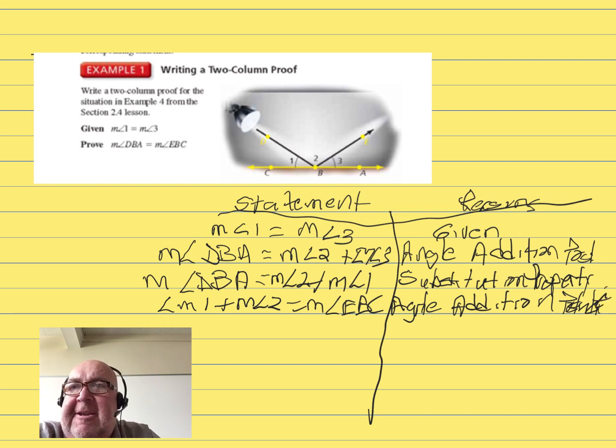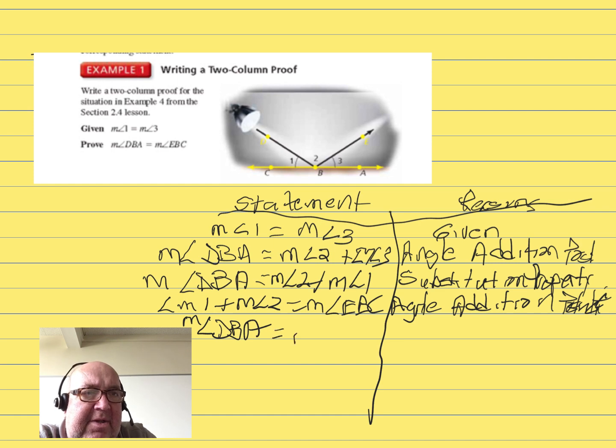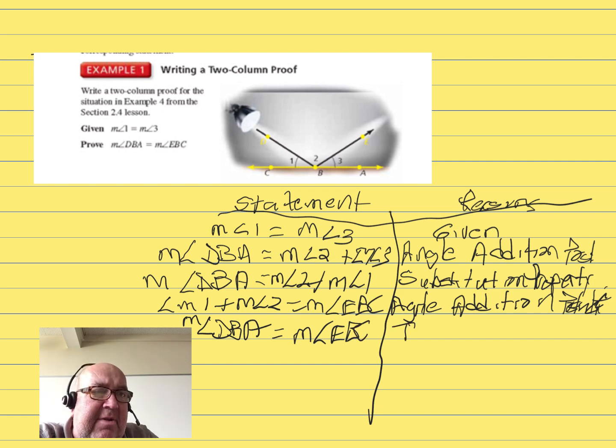And finally, because both of those are true, we know that the measure of angle DBA is equal to the measure of angle EBC, and that is the transitive property of equality.